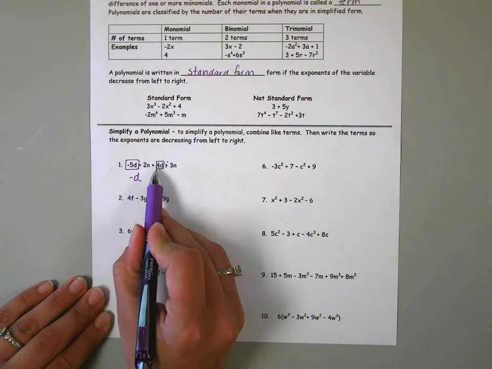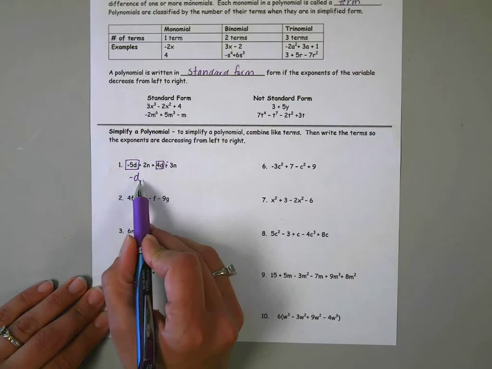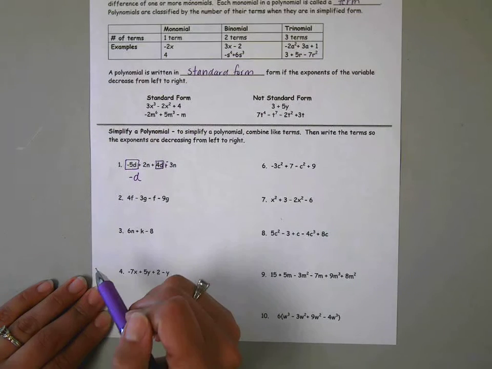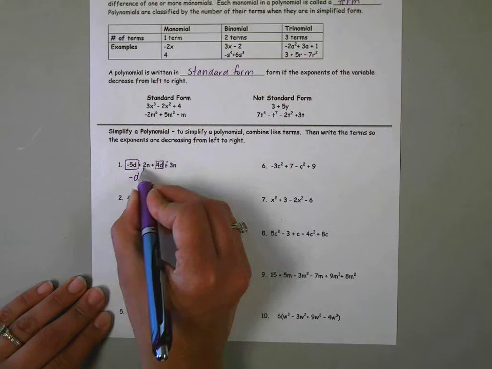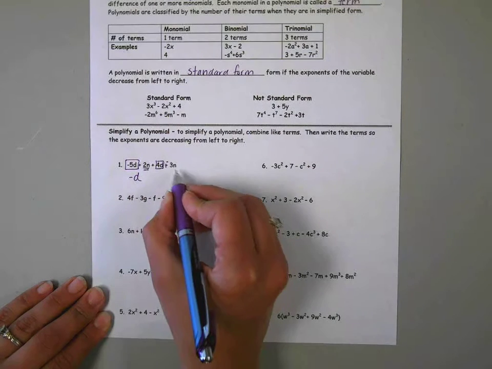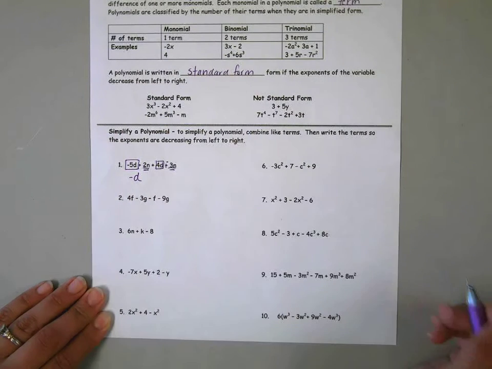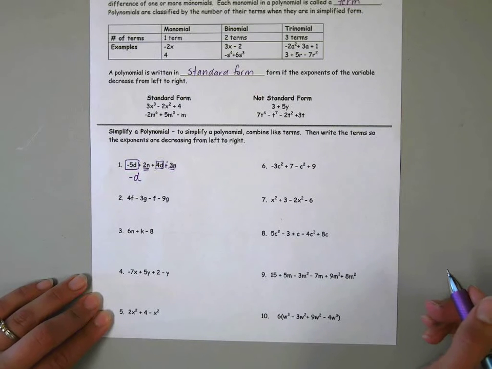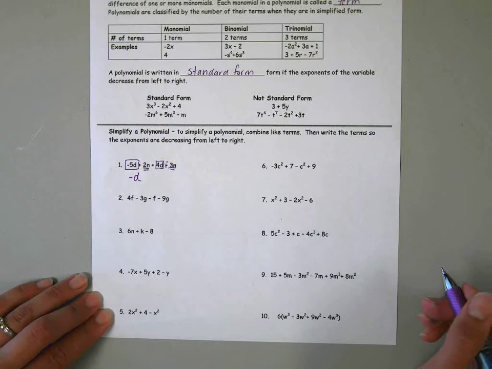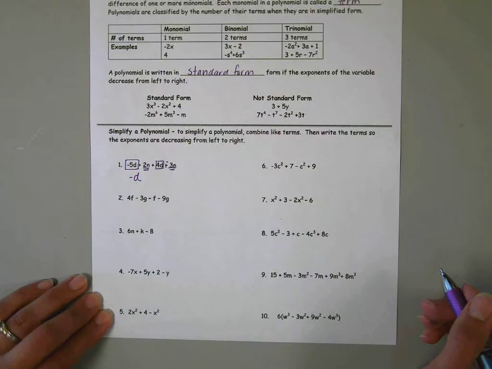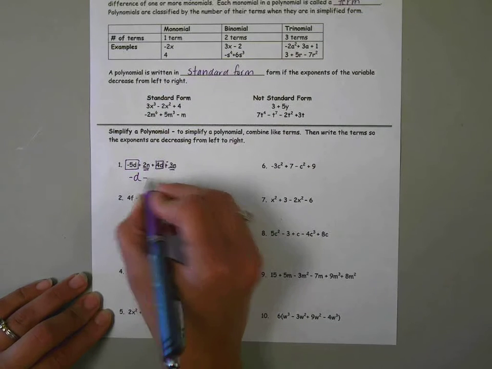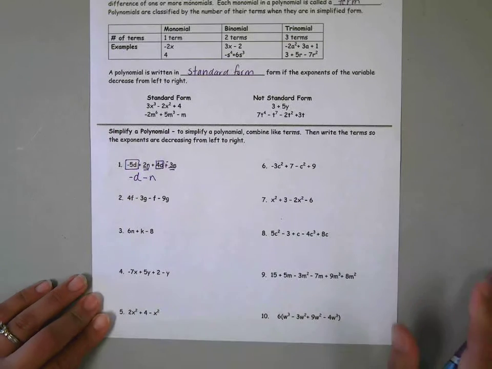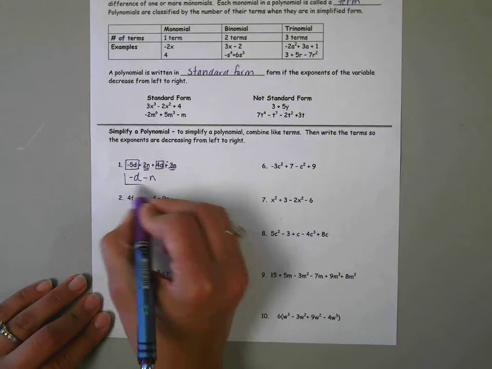Then I have a positive 2n plus a negative 3n. So a positive 2 plus a negative 3 is going to give me a negative 1, so I have a negative n. And that is all I have to do.